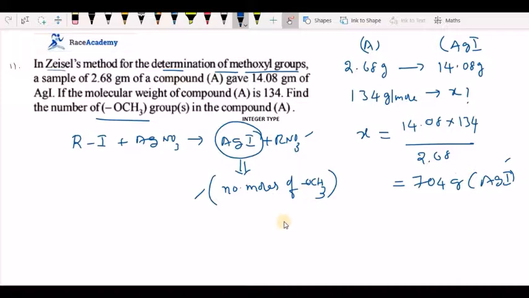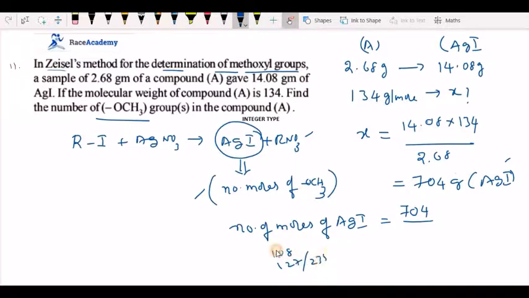So from mass you can find the number of moles. What is the number of moles of silver iodide? You know, number of moles is equal to weight by molar mass of the compound. Silver is 108, iodine is 127, so approximately 235 will come. So then 704 by 235.